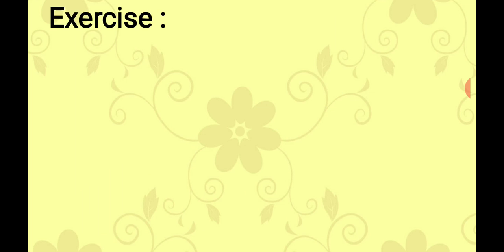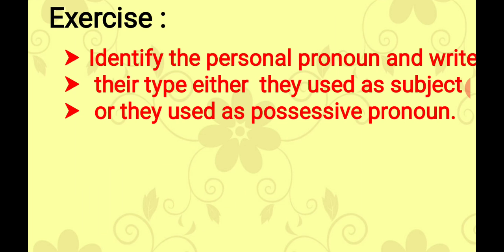Let's see the heading: identify the personal pronoun and write the type, whether it is used as a subject or as a possessive pronoun. Today we learnt about the subject, the first person point of view in singular and plural form, and we also learned the possessive pronouns of the first person.